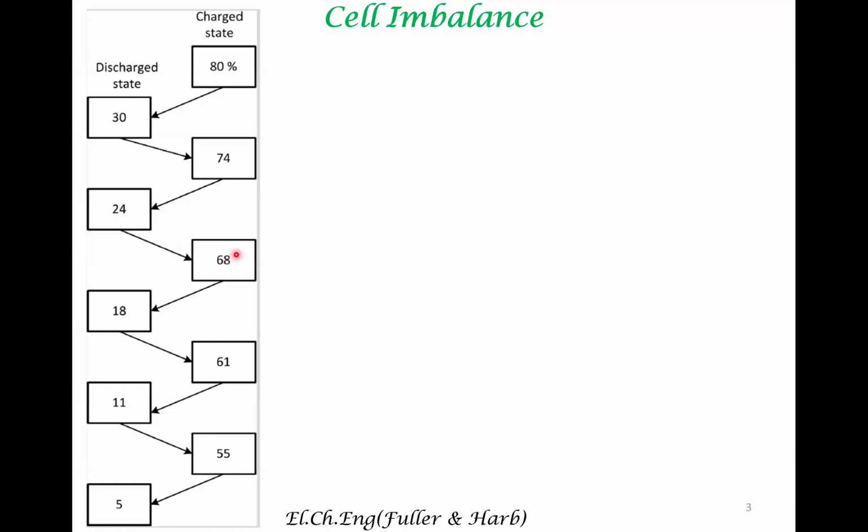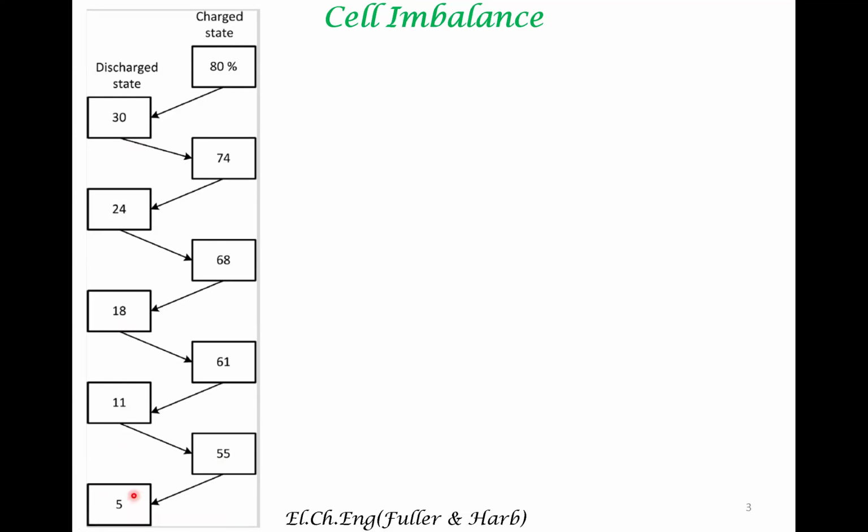You get back only to some lesser state of charge, 68. So 68 minus 50 is 18. You go to a lesser value and so on. So with every cycle, the state of charge keeps on decreasing. So when you discharge the battery, the state of charge keeps on decreasing, right? So from 30, 24, it has come down to 5.